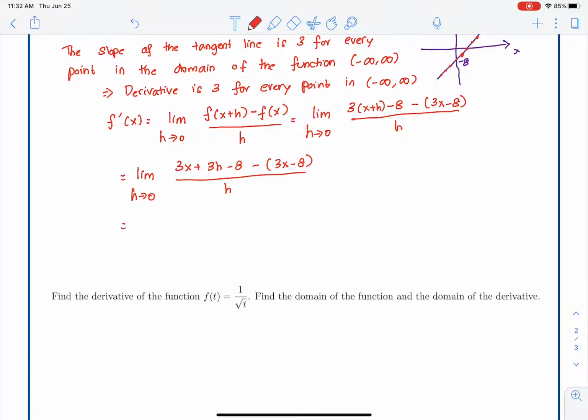I'm going to move things around here so things become clear. I'm going to write this as 3x minus 8 plus 3h minus 3x minus 8. That term and that term are one and the same, so they all get cancelled.